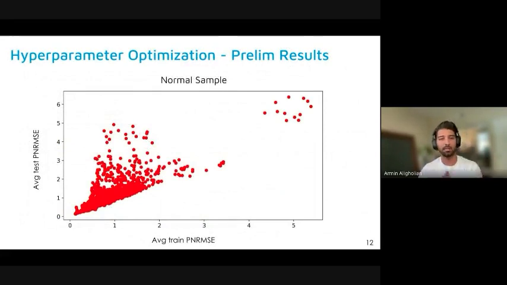The figure that we were looking at is for a normal sample, one of those subsamples that we had. And we are showing the average train PNRMSE versus average test PNRMSE. Each dot shows one meter ID, which means, for example, here, the average train PNRMSE for that is almost half, but the test set is almost 3.